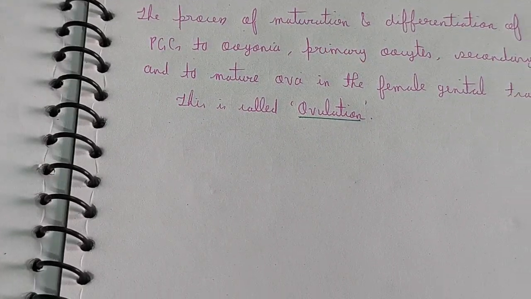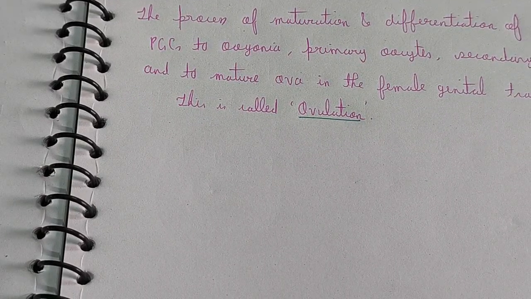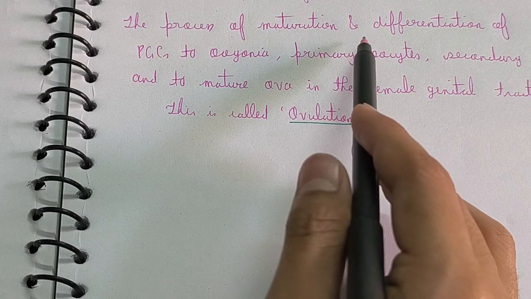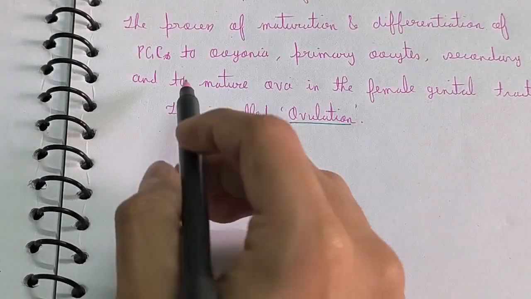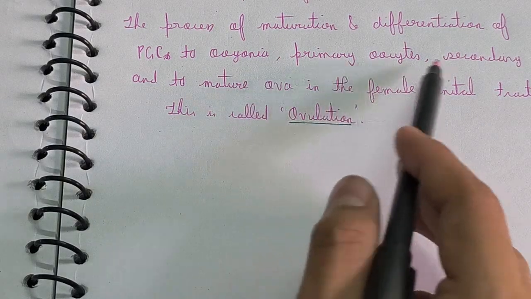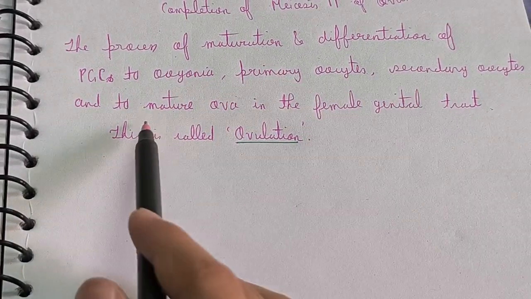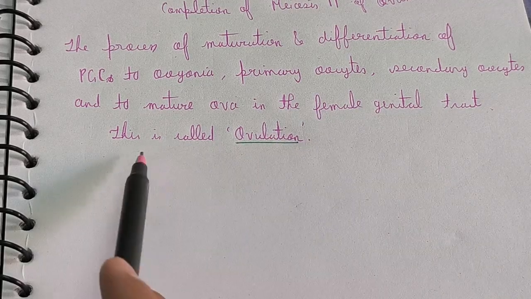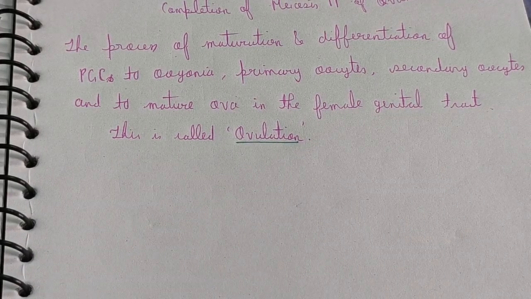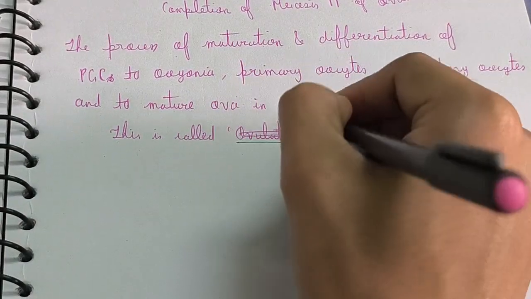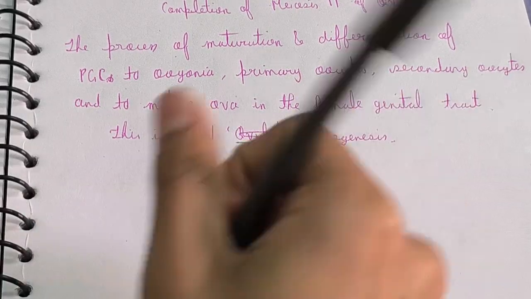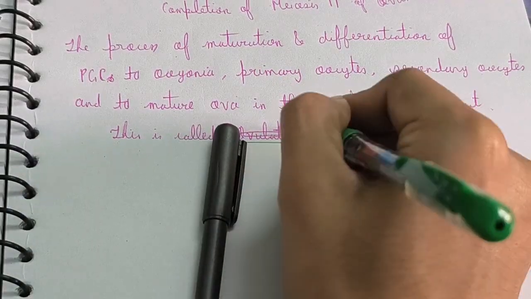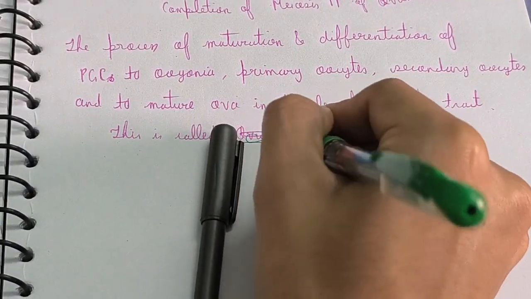So that portion I have written: the process of maturation and differentiation of primordial germ cells to oogonia, primary oocytes, secondary oocytes, and to mature ova in the female genital tract. This is known as, sorry, not ovulation, this is oogenesis. So this is the definition of oogenesis.